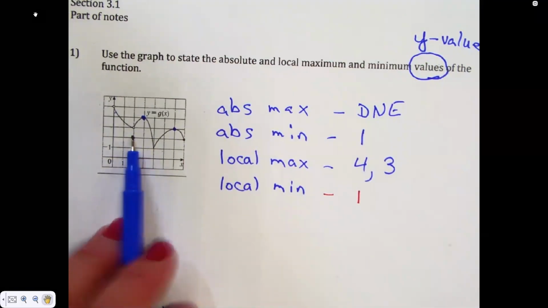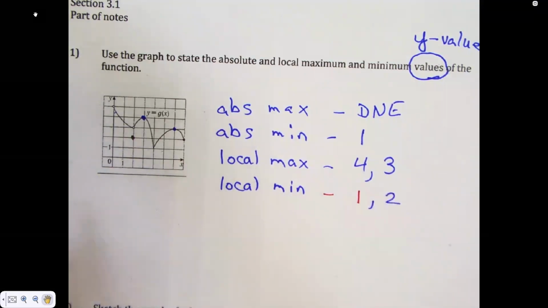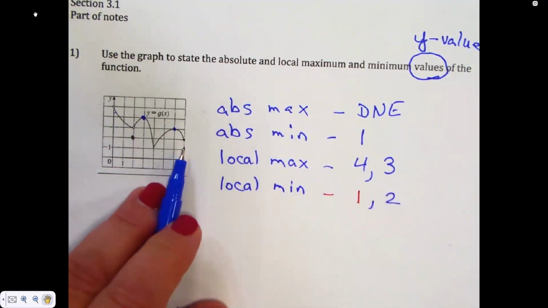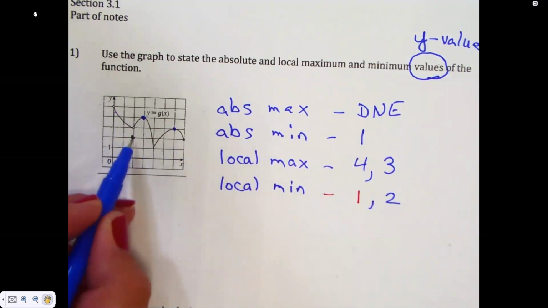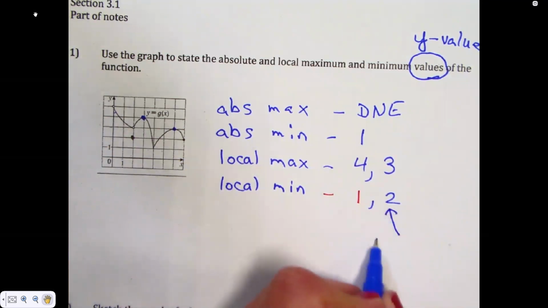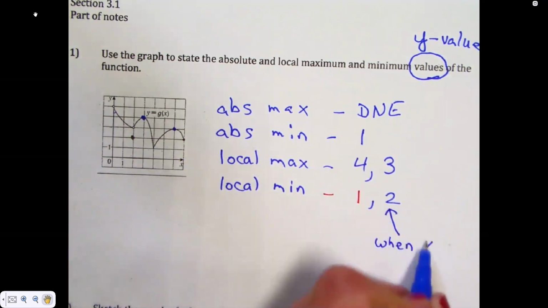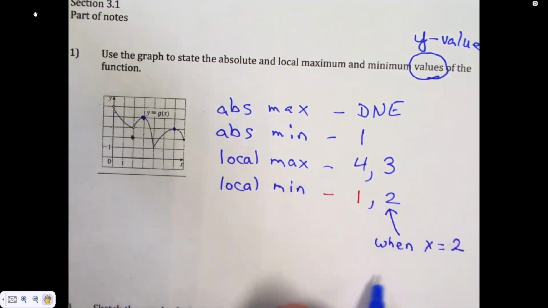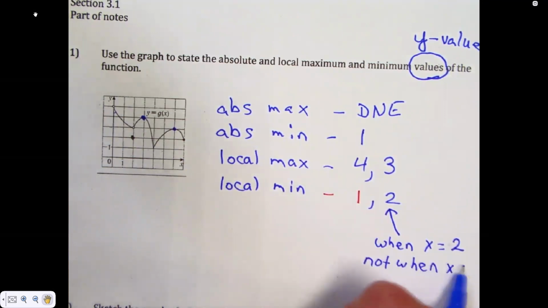So we're going to say a y value of 2, not this one. Do we see that? Remember, endpoints can't be locals. So we're not doing it with this one, but we're doing it because of this. I wrote, for this guy, when x is 2, not when x is 7.